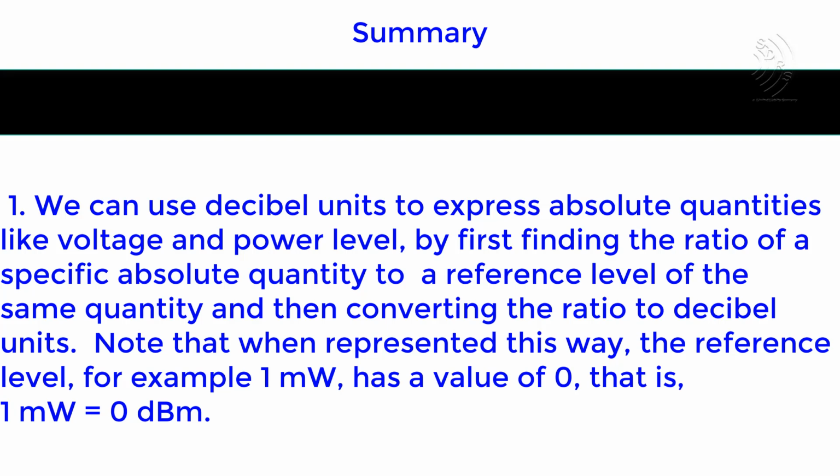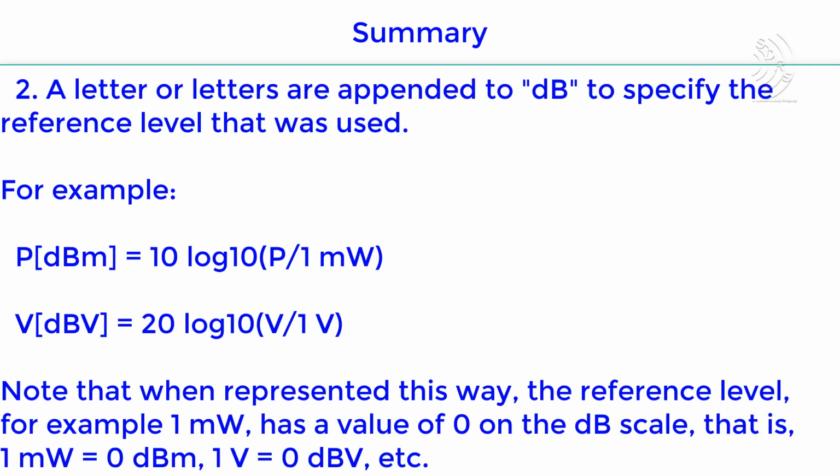To summarize, we can use decibels to express absolute quantities like voltage and power level by first finding the ratio of a specific absolute quantity to a reference level of the same quantity, and then converting the ratio to decibel units. A letter or letters are appended to dB to specify the reference level that was used.